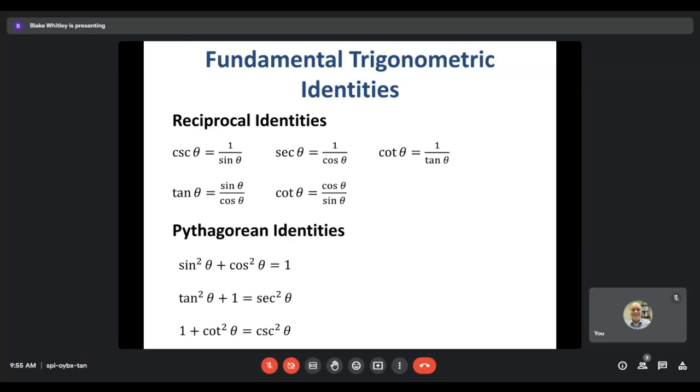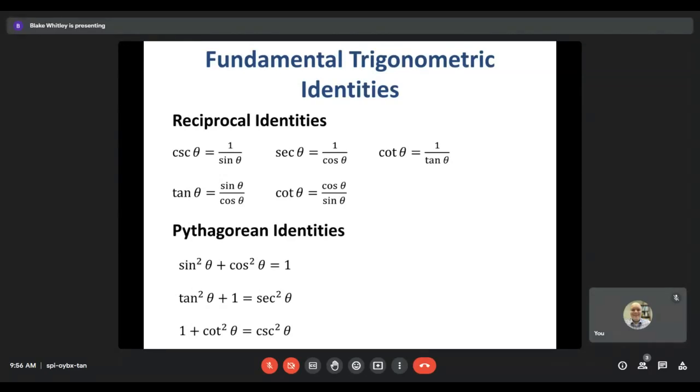Now, the new ones here, our tangent value, we can actually find by doing sine of theta over cosine of theta. So anytime you divide the sine value by the cosine value, that's going to be equal to the tangent value. And because cotangent is just the reciprocal of tangent, cosine over sine should give us cotangent. And then down at the bottom, we have what are called Pythagorean identities.